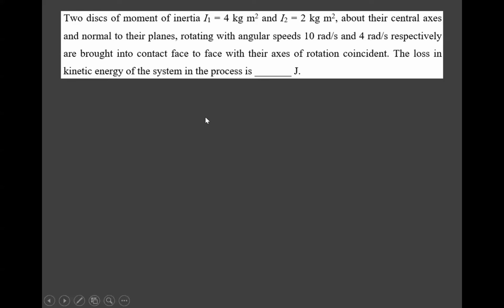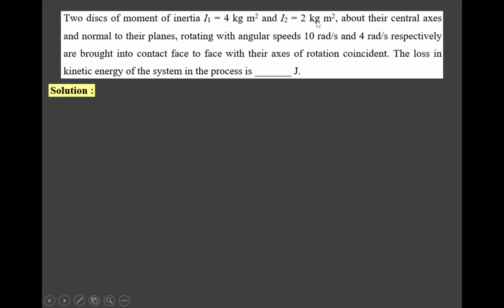Now see here, if you want to calculate loss in kinetic energy, then first of all you have to calculate initial kinetic energy and final kinetic energy. Then we can calculate the loss in kinetic energy. Now see, the kinetic energy of the rotating body that we can give by half I omega square.